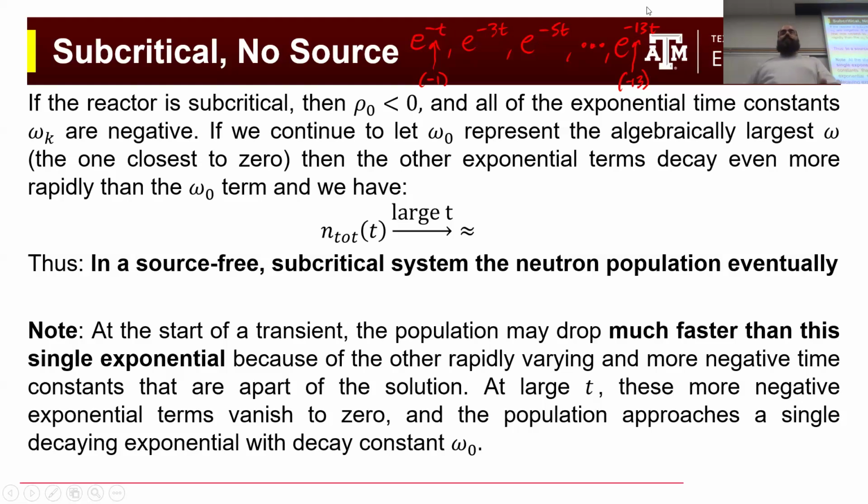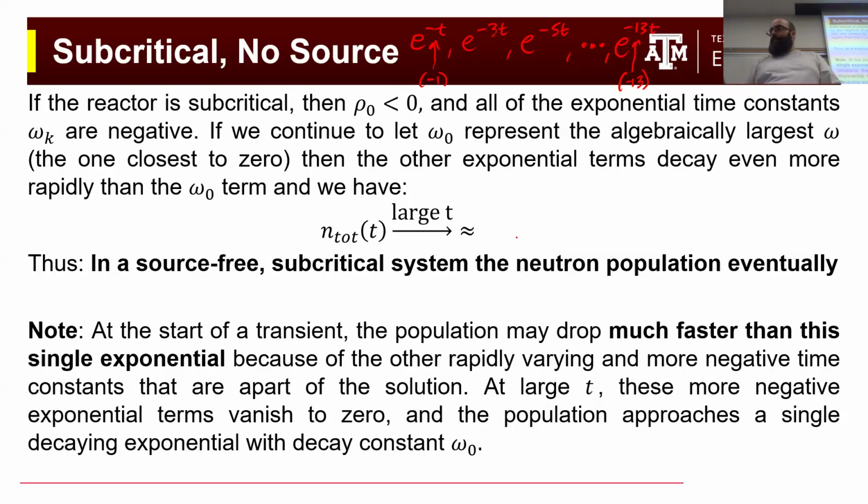So the time constant that's the most negative is going to go to zero faster as I let t get very, very large. You could just play around with this in a graphing calculator, and imagine evaluating these at t equals 100 or t equals 1,000. What you're going to see is that if you compare the outputs of all of these functions, the one with the algebraically largest time constant is going to be the one that stays around the longest. And all of the ones that have more negative time constants are going to decay to zero faster.